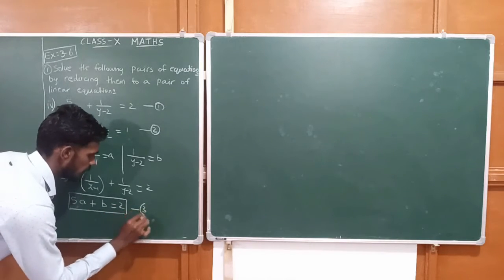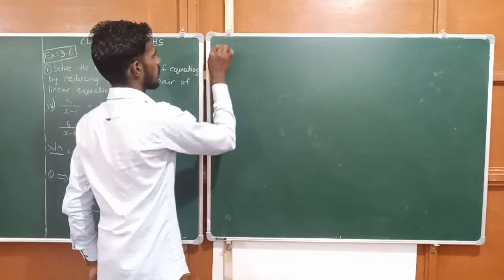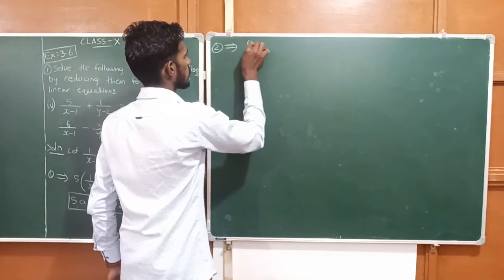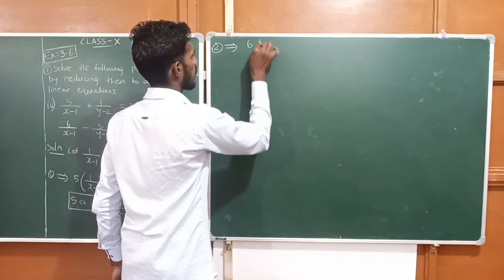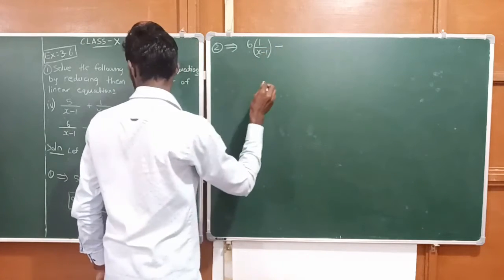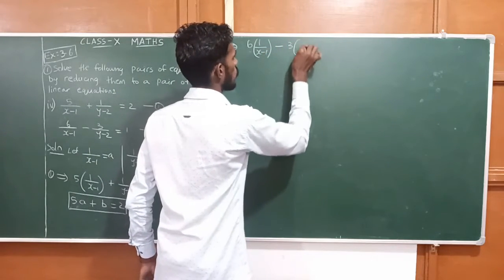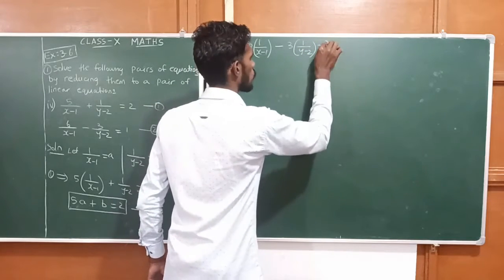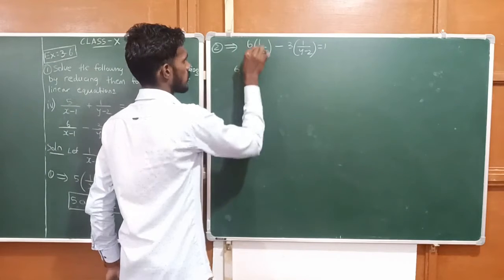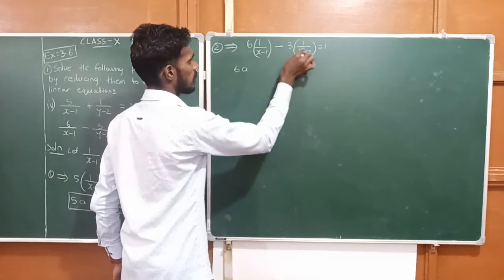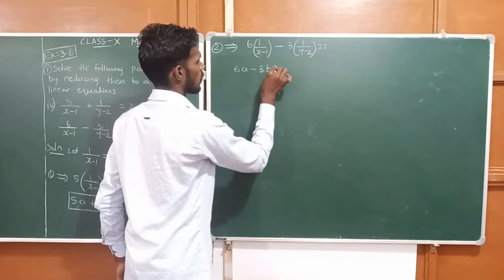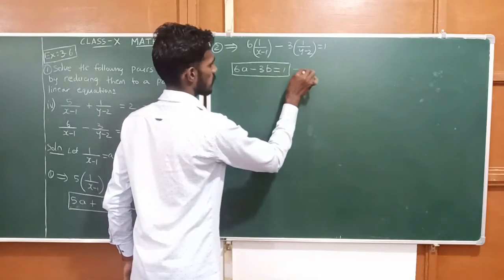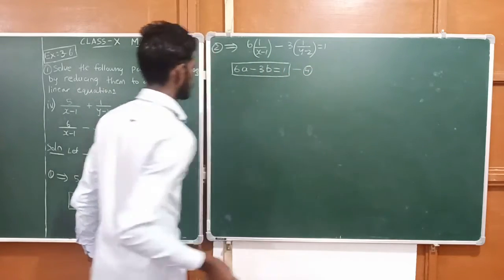Mark this equation as number 3. Then the equation 2 becomes 6 into 1 by x minus 1 minus 3 into 1 by y minus 2 is equal to 1. So it is 6A minus 3B is equal to 1. Mark this equation as number 4.